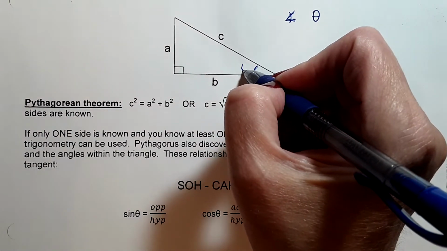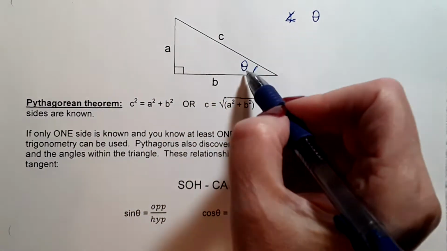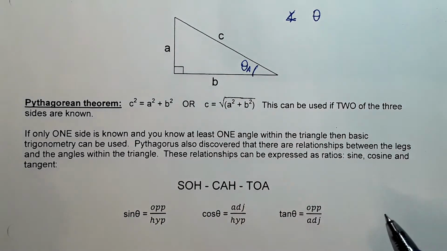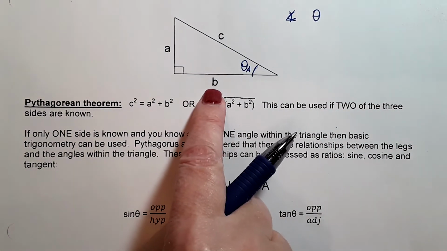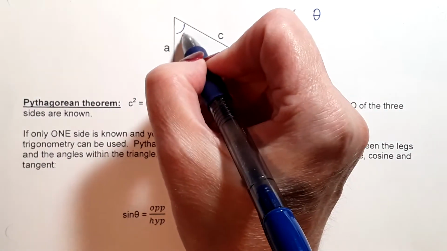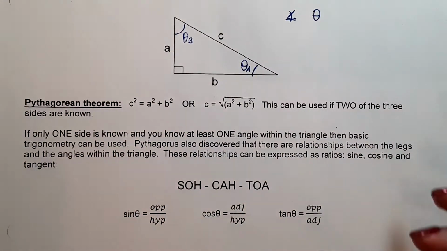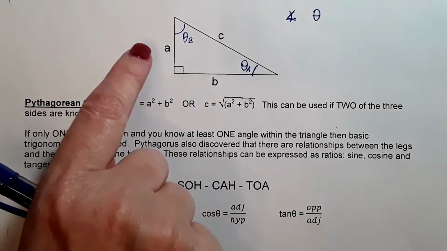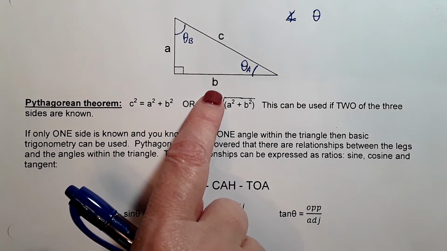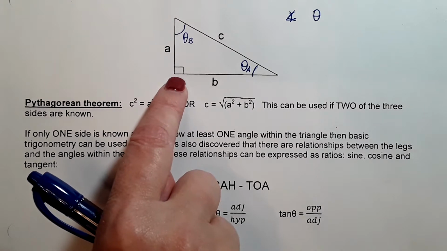So this is angle theta, and because it's the angle across from side A, we call it theta sub A. This side has an angle across from it. We call it angle B. Using theta, we'd say theta sub B. All right? So, side A is across from angle A, side B is across from angle B. The hypotenuse is always across from the right angle.